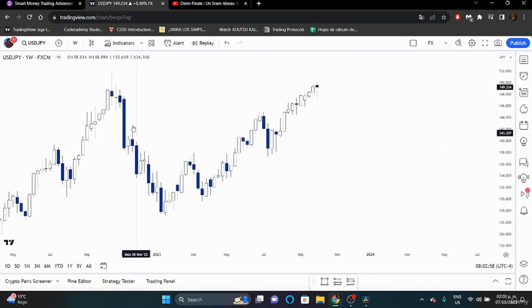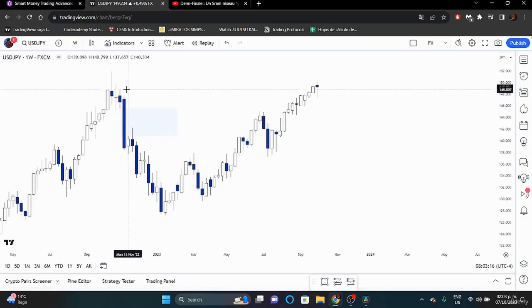What is a fair value gap? A fair value gap is basically the intersection between a three candle, okay? It's a three candle pattern. 1, 2, and 3. Is there any blank space in between them? Of course, all of this is inefficiency in the marketplace.